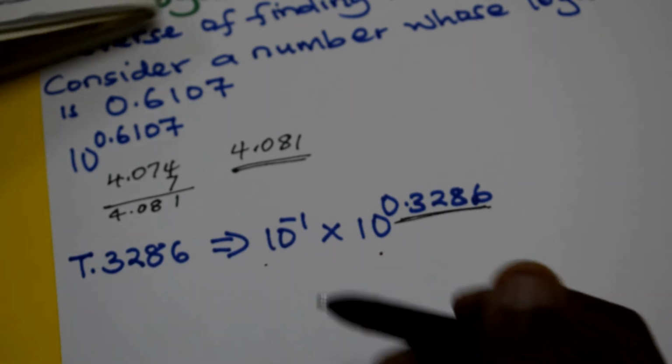From our mathematical table, the anti-logarithm of 3.28, you find it is 2.128.